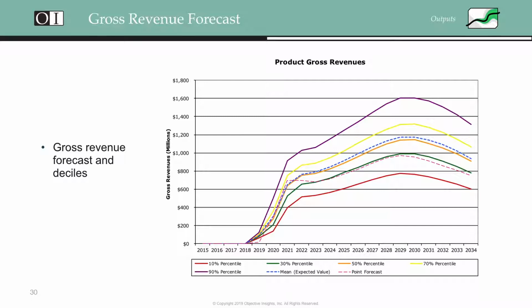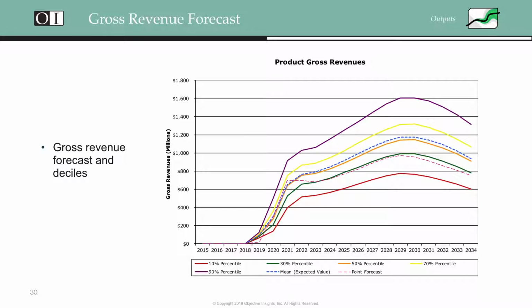And what we see is that there is a line for each of the deciles we're interested in. So the bottom one is 10%, the next one up is 30%, 50%, 70%, 90%. And what these mean, so for example, the 10% decile number means that there's a 10% chance we'd be below that line and a 90% chance we'd be above it.